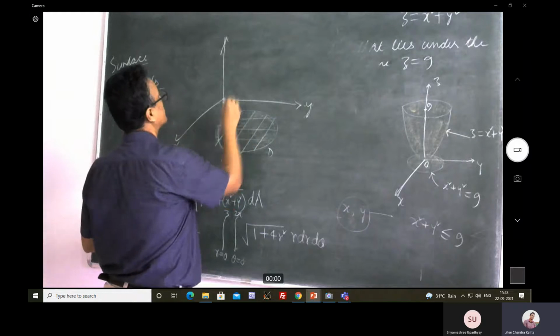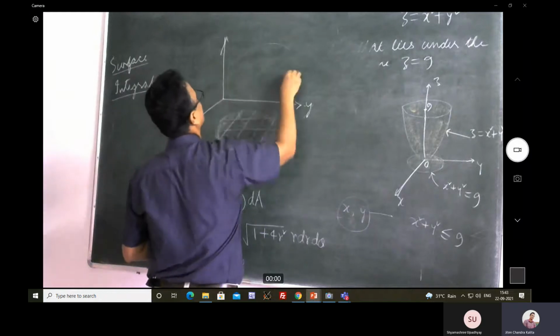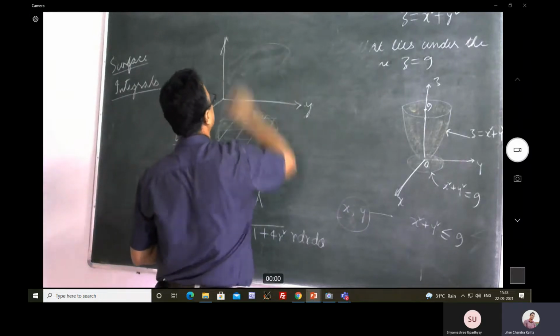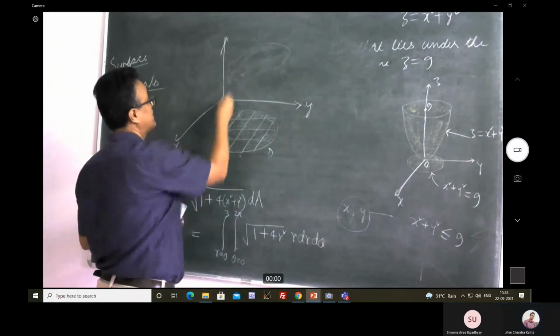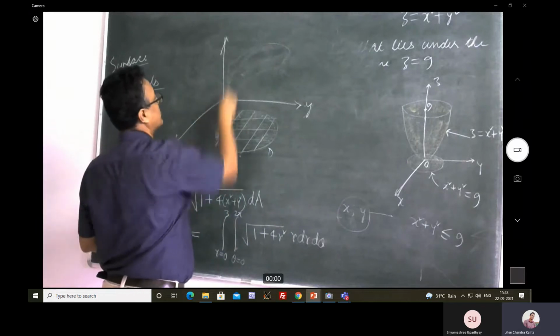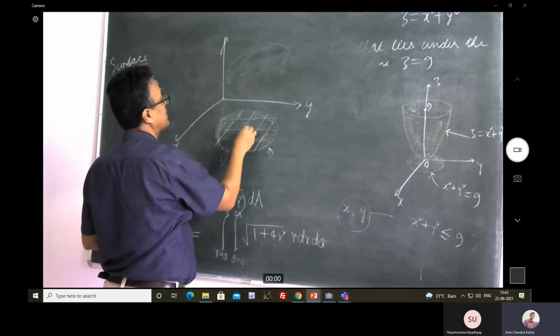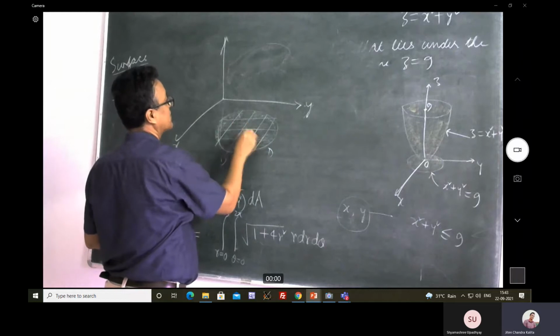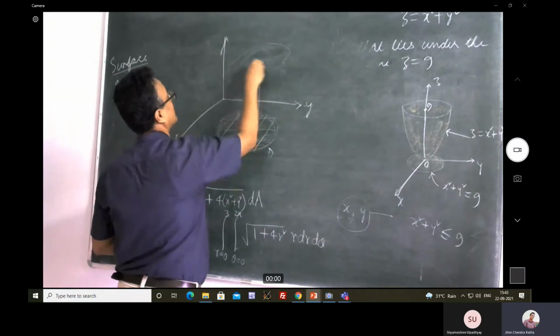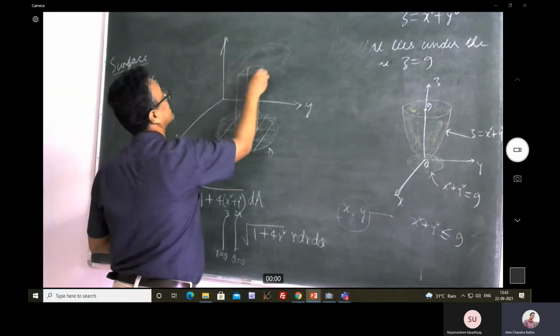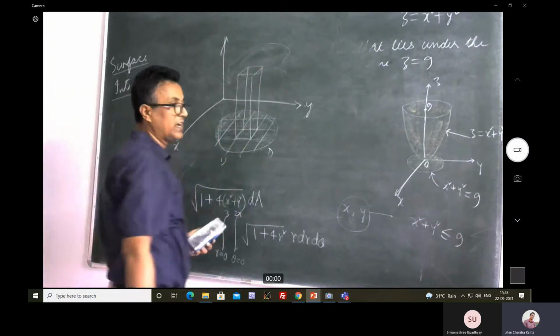Assuming that the graph of the function lies above the x-axis at the beginning, corresponding to each subrectangle here, we had some columns like this, right?